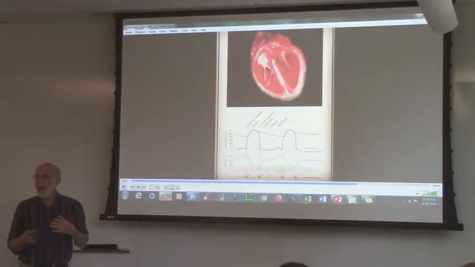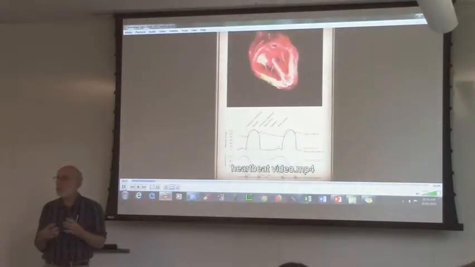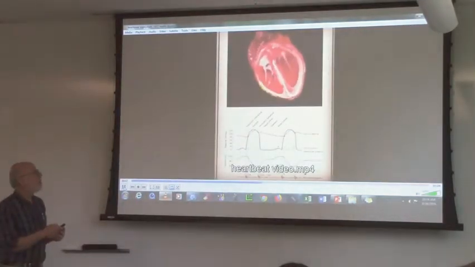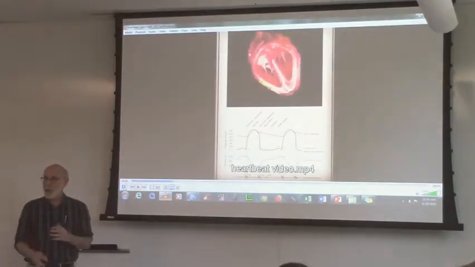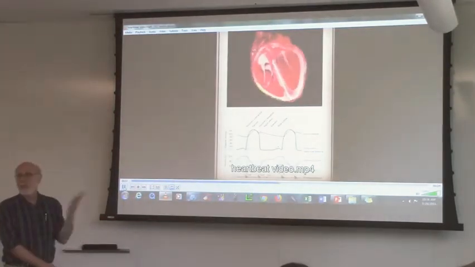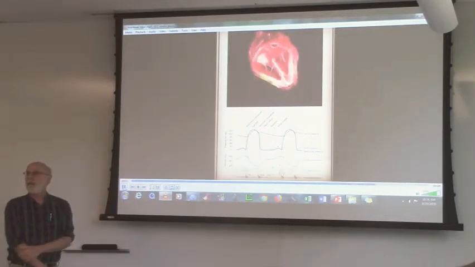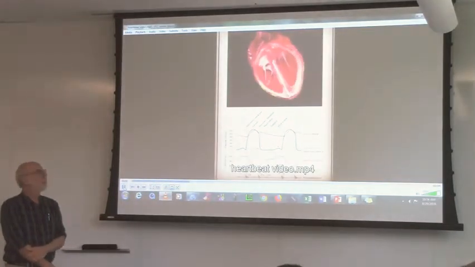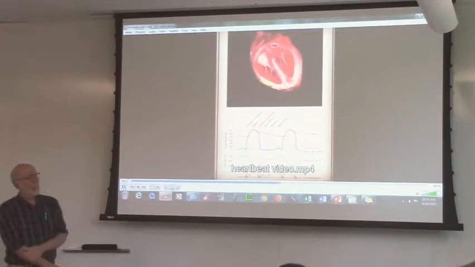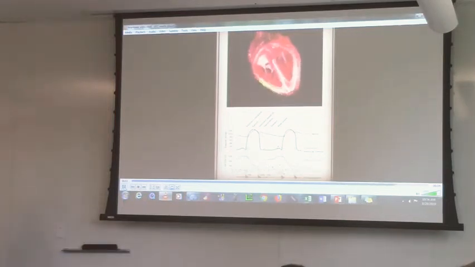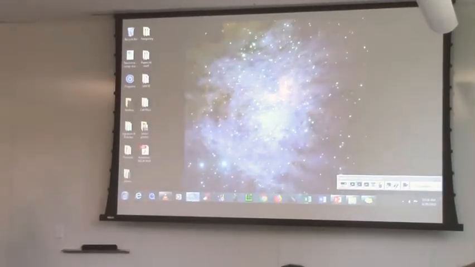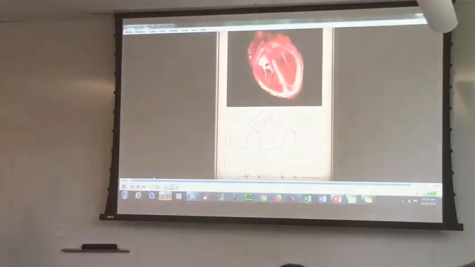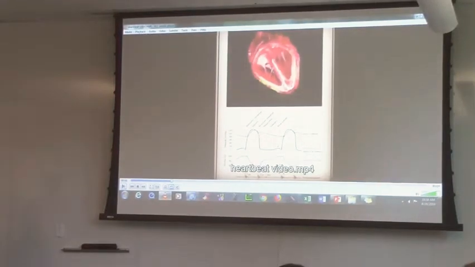So we're seeing valves opening and closing, we're seeing muscle contraction. You're going to learn about the anatomy, the names of these structures, in the anatomy part of the next few days. And we'll see this, not beating, in lab today. That's really why we're doing this. Actually, I'll stop it from beating. Okay?